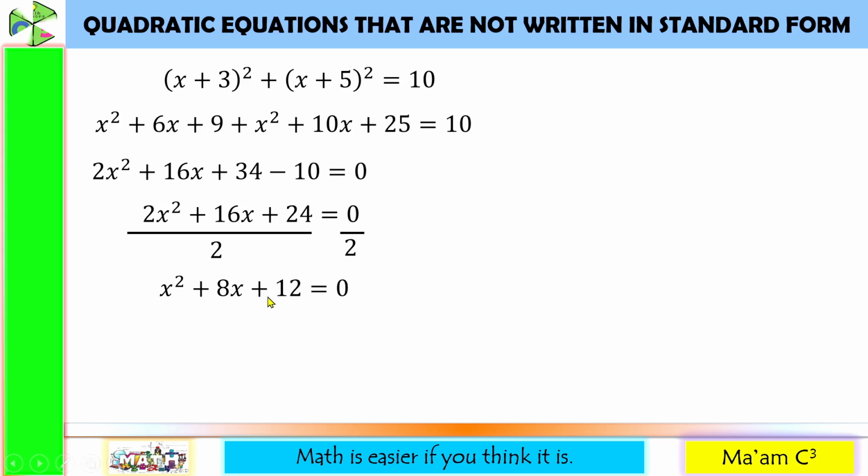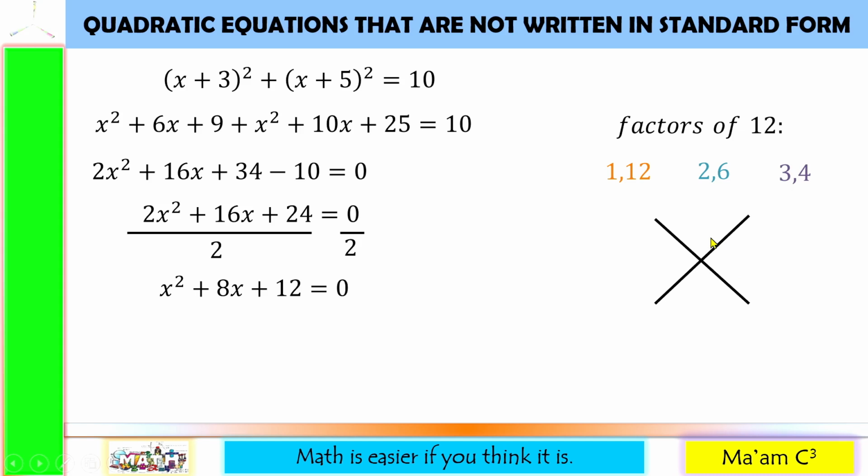Now let us determine the factors of 12. These are 1 and 12, 2 and 6, 3 and 4. Let's bring out our magic x. Let us write on the top our constant term, which is positive 12. And at the bottom, the coefficient of the linear term, which is positive 8. Let us now decide which among these factors will possibly give you a sum of 8.